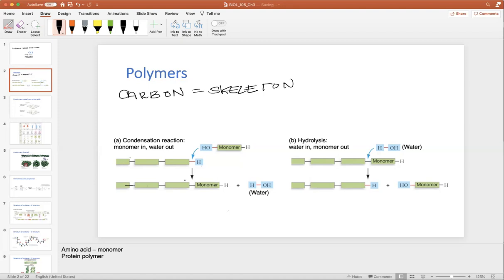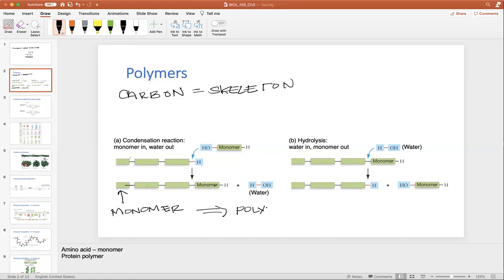And one of the things that I mentioned to you is that individual carbon molecule units called monomers, with mono meaning one and mer meaning unit, can be linked together to form polymers, right?